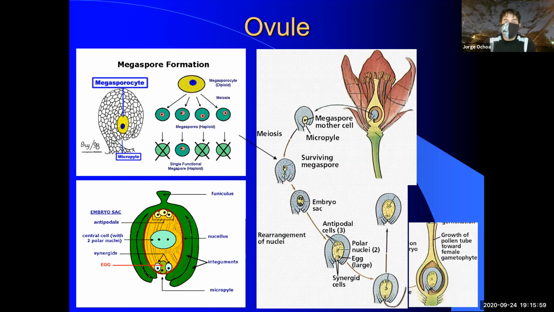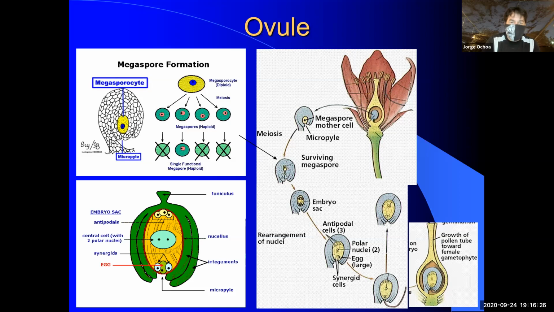When it multiplies, only one will become the egg, and it's going to go through a process creating several things. It's going to have an egg, and then it's going to have polar nuclei. The polar nuclei that you see in the center are going to be very important, and you'll see why. Do not worry about this antipodal, it has no more function.